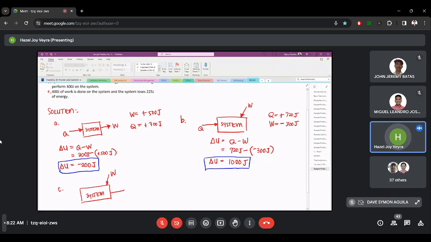Meaning, nawalan siya ng 225 joules of energy. This is Q. And if the system loses energy, the Q is negative.